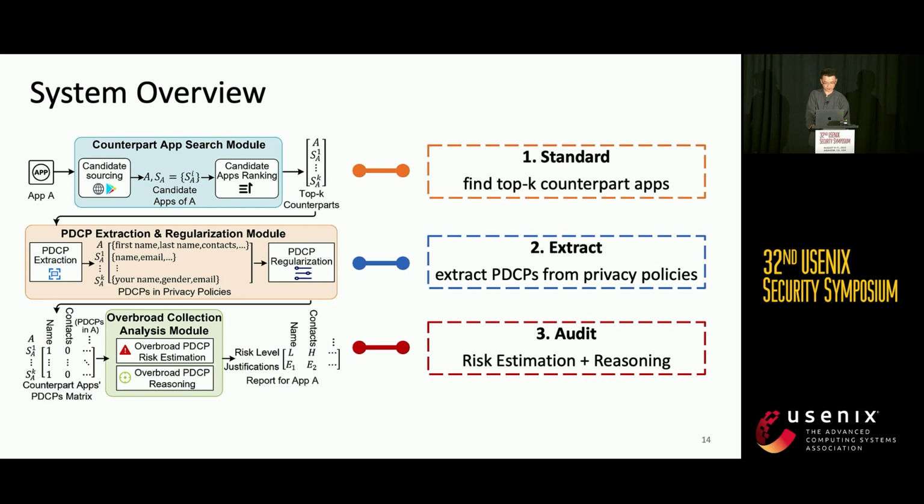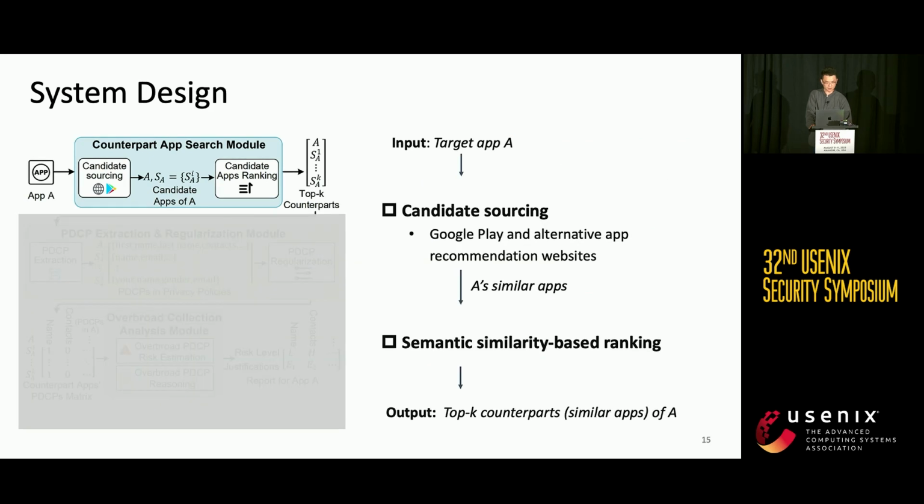In the last stage, for each PDCP of the target app, POLICYCOMP will calculate the overbroad likelihood and conduct further risk estimation and reasoning. In stage 1, we first crawl the similar apps provided by Google Play and other alternative app recommendation websites for each target app. Then we use the semantic similarities between the descriptions of the target app and the counterpart apps to rank those similar apps.